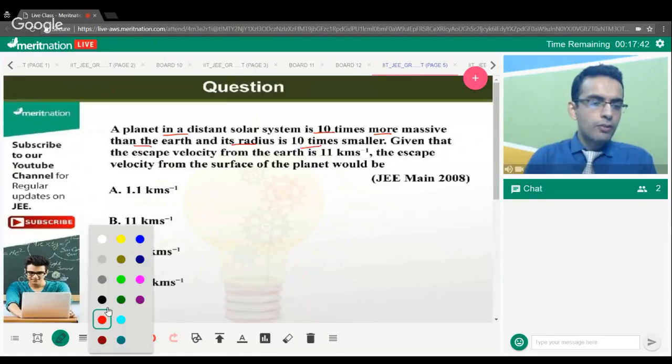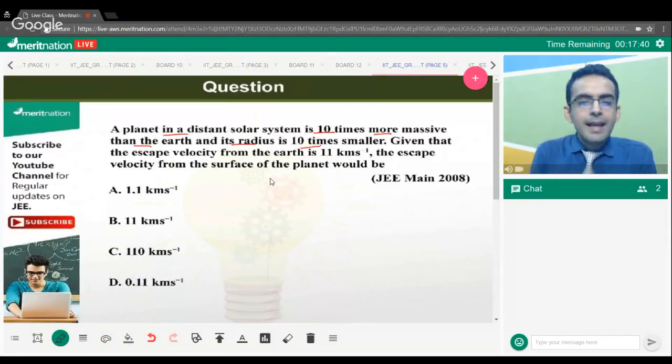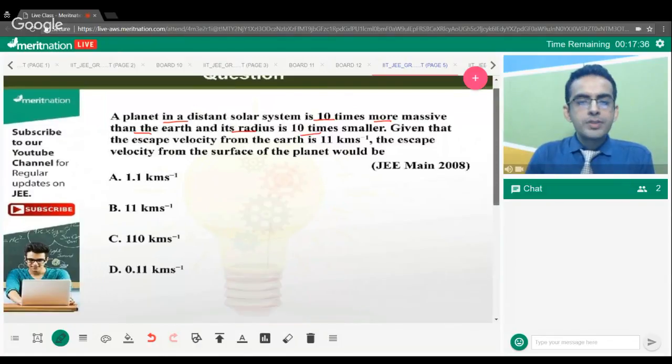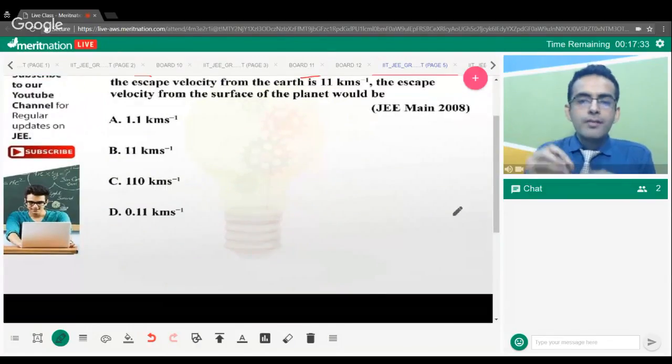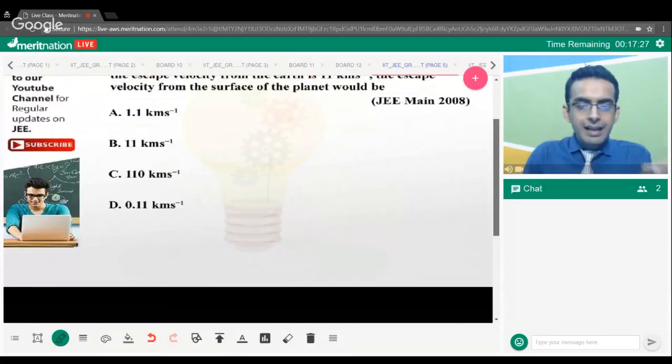What is the formula for escape speed? What do we mean by escape speed? It's the minimum speed that is required by an object to move away from the gravitational effect of Earth or any planet, right? So students, you should be clear about that thing.